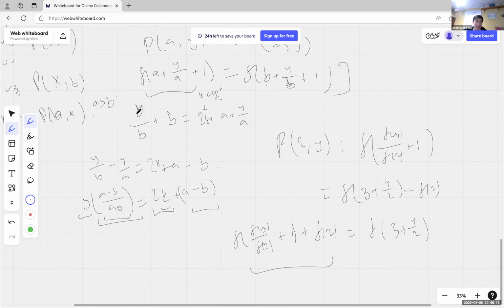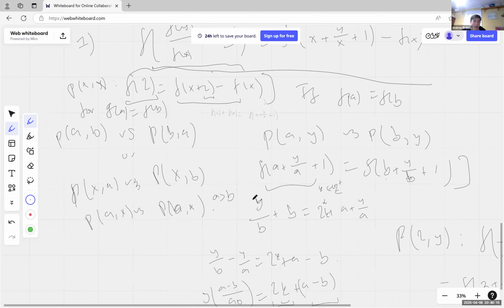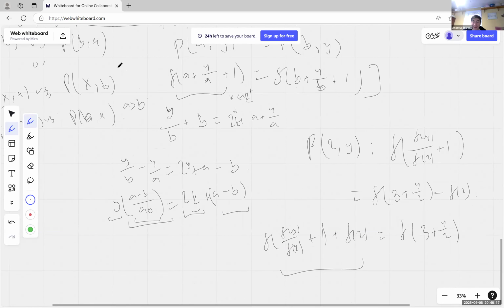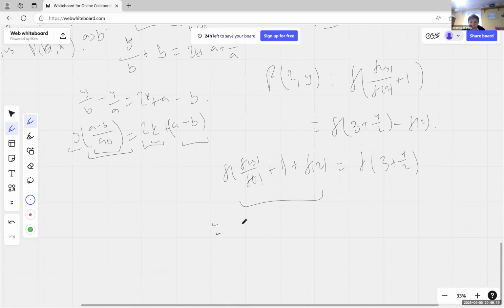And we know because of this expression that this is equal to f of y over 2 plus 3, which is equal to f of 3 plus y over 2. And because of injectivity, we get, sorry, it's f of 2.